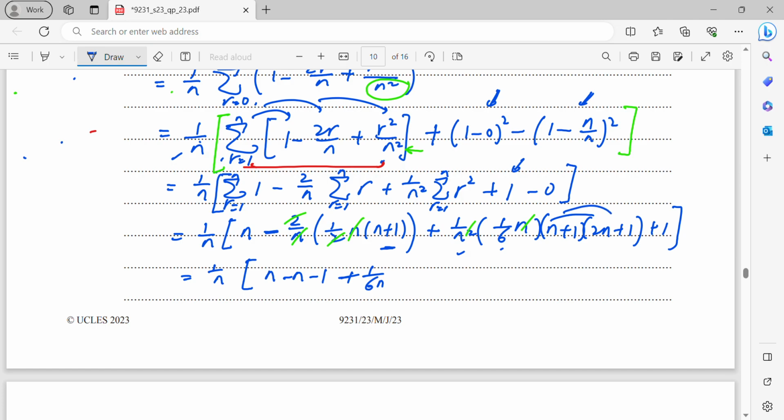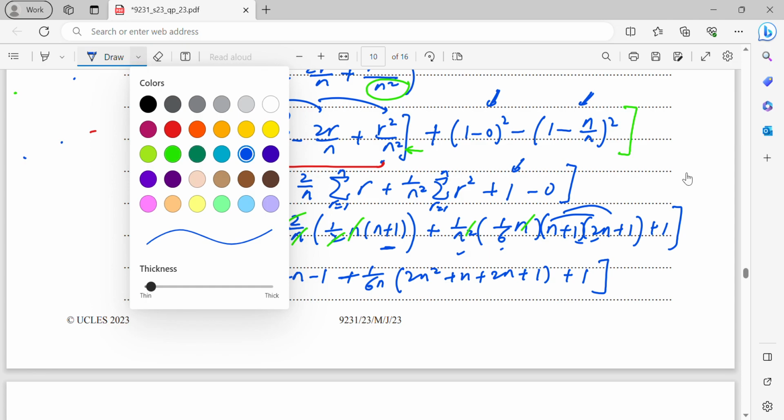Then here I do expansion. Alright. So you will get 2N squared plus 1N plus here 2N. Then plus 1. 1 times 1 is 1. Then plus another 1 outside.